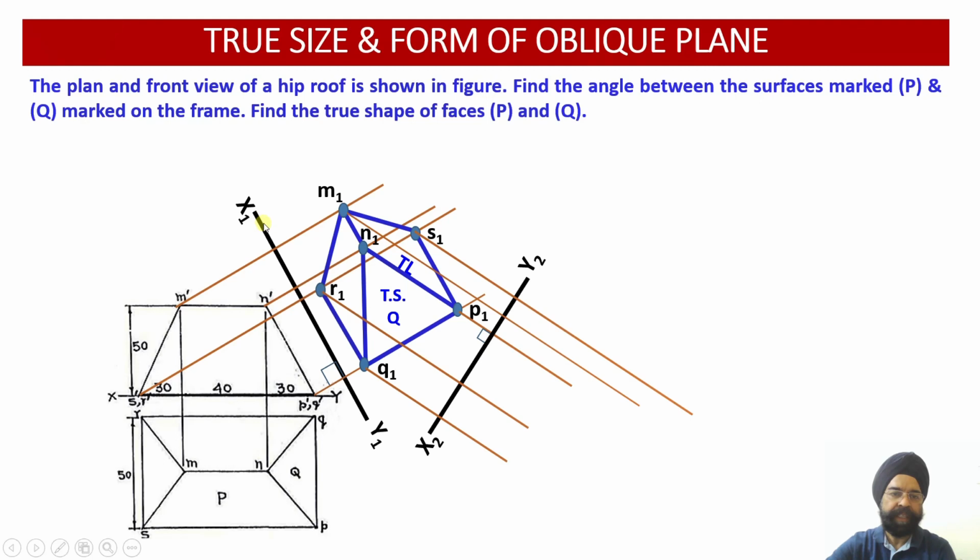So please check. This is my intermediate auxiliary plane, that is AIP. Now the distances of the points in the elevation, this distance, this distance, this distance, again this distance, will be required to be drawn over here.